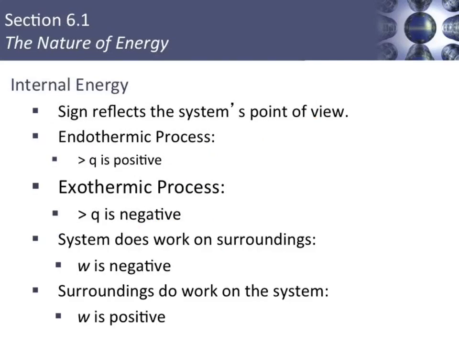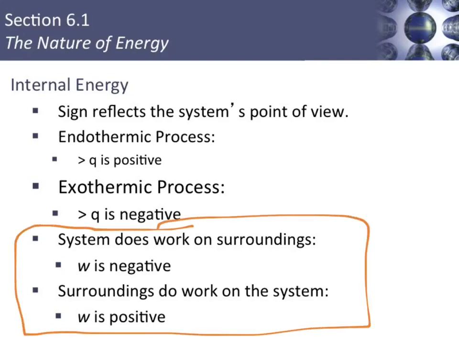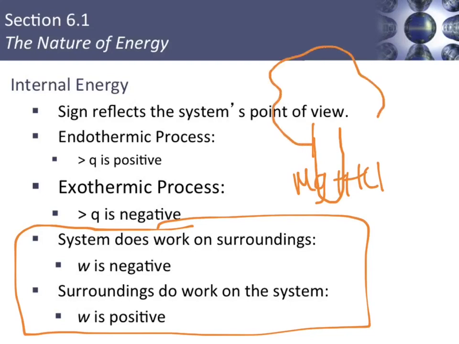And then next is the system. So you need to know what happens to W. So if the system is doing work on the surroundings, say I have a test tube here with magnesium and hydrochloric acid in it, and when I add those together, it's going to produce a gas, right?